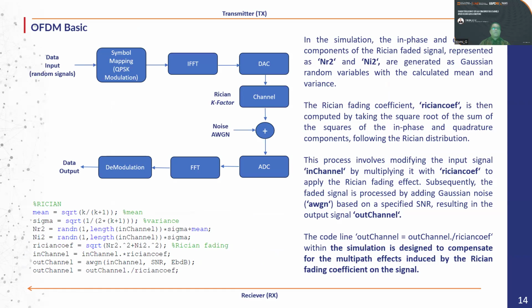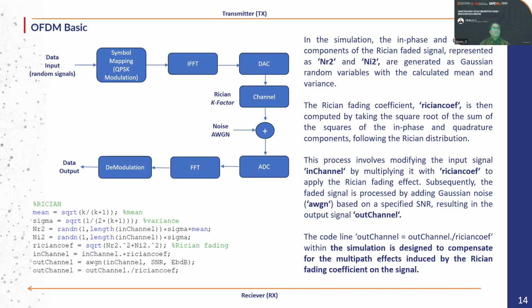The simulation was performed using MATLAB software, where variables nr2 and ny2 were generated as Gaussian random variables with calculated mean and variance. Meanwhile, the Rician fading coefficient, Rician coef, is computed by taking the square root of the sum of the squares of the in-phase and quadrature components.